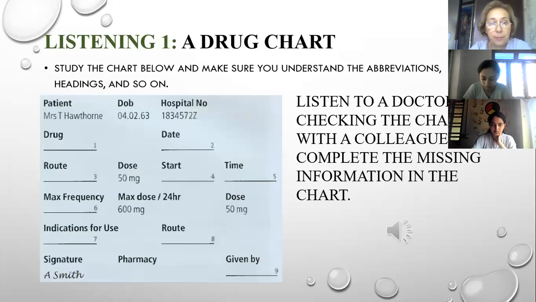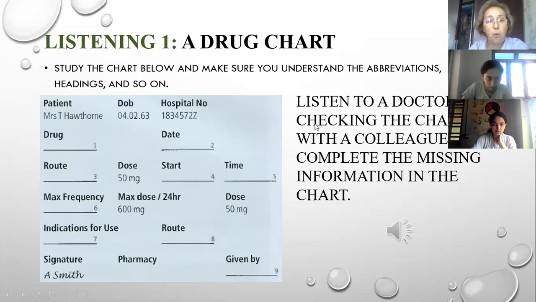And now we are going to study a drug chart. So a drug chart is the chart which tells us about the name of the patient and the name of the drug which is prescribed, the dosage, and all the other necessary information.